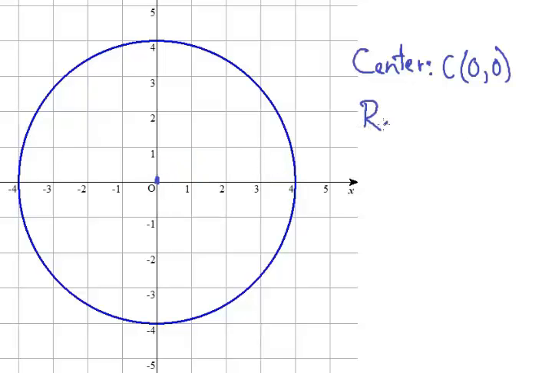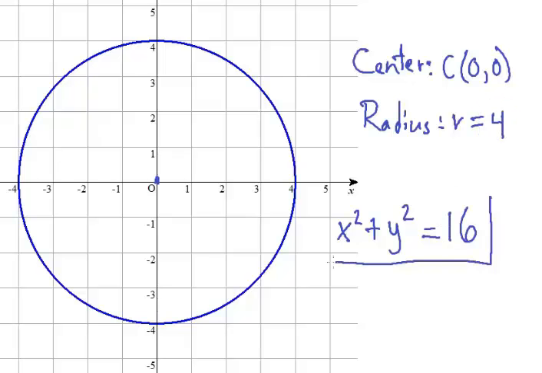So I know that the radius is r equals 4. Now, knowing those things, I can find the equation of this circumference. The equation will be x squared plus y squared equals 4 squared, which will be 16. And that will be the equation of such circumference.